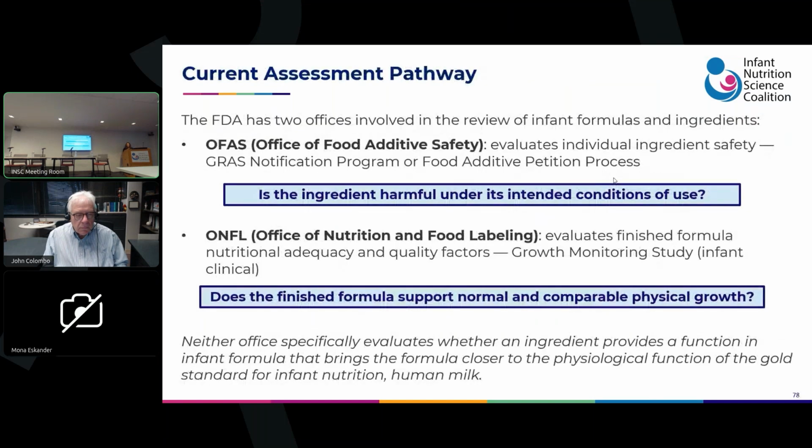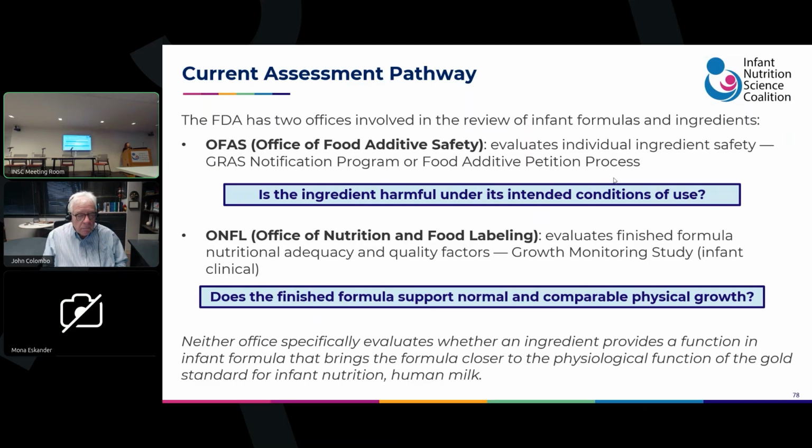And last, my last reminder slide is looking at these two different offices within the FDA that are already set up to investigate these parts of the infant formula process. First and foremost is ingredient investigation. I just put a box in to say what each of these departments is looking at. The first, OFAS, is really looking at the ingredient itself.